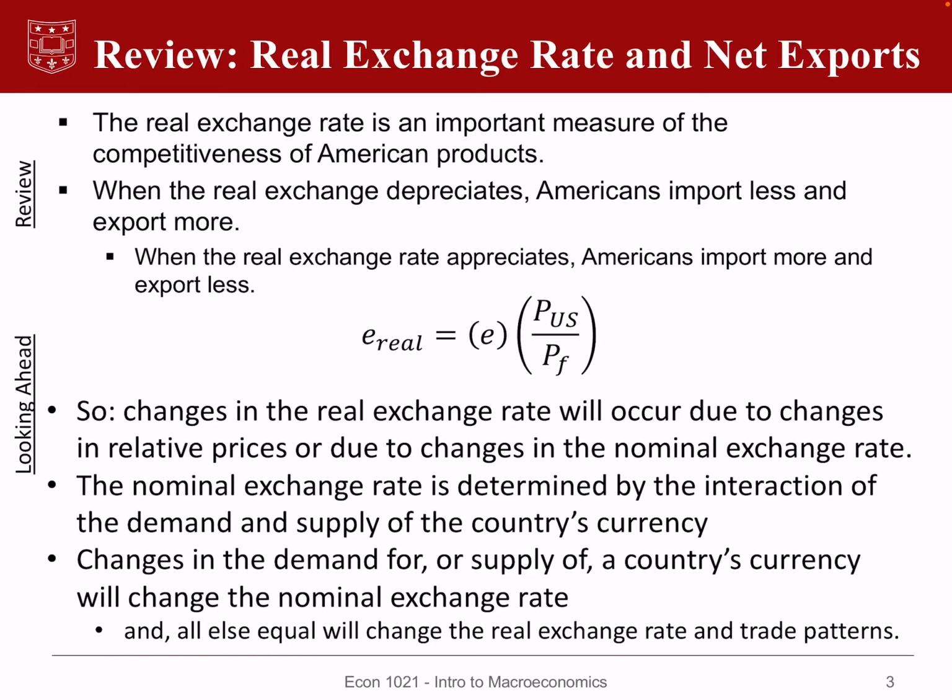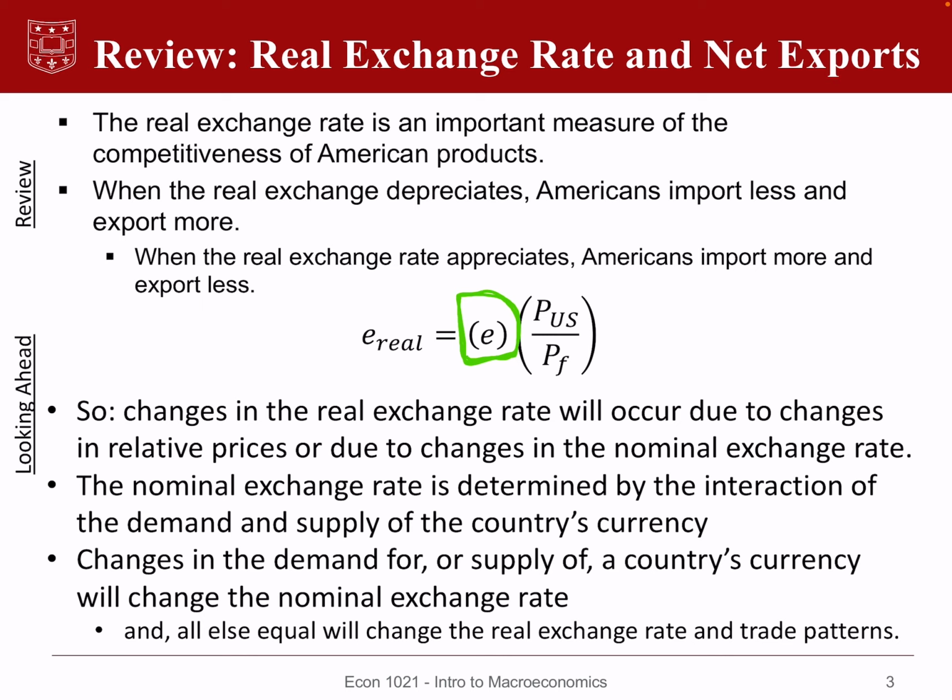So where we left off in the previous set of notes was sort of a review and then looking ahead. We don't need to go through this all exactly, but to motivate what we're doing, what we're going to focus on are the things that cause the nominal exchange rate to change.